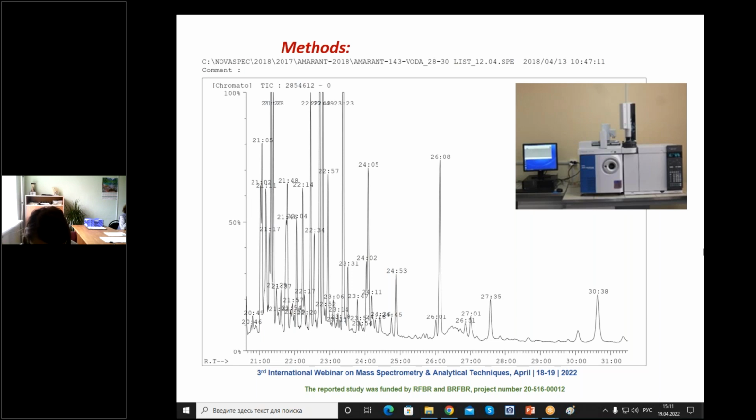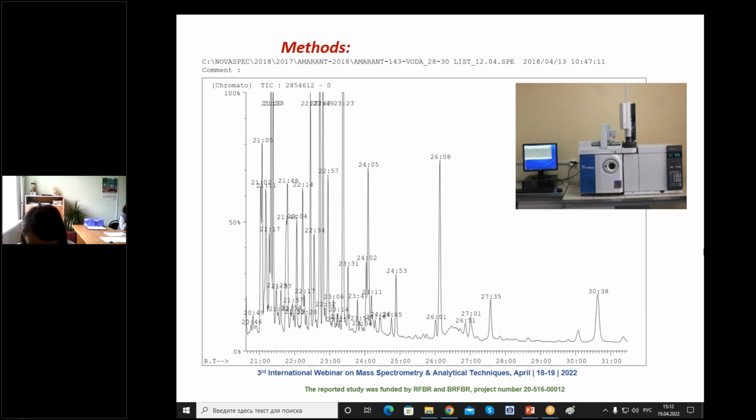We used split flow injection mode. The sample was injected in a volume of 2 microliters. Split 20. For ionization mode, we used electron impact at 70 electron volts. BSTFA was used for trimethylsilylation for 30 minutes.